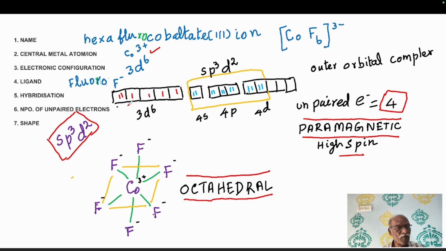And the electronic configuration is the first orbital 2 electrons and the rest of the other 4 orbitals of the 3d shell have 1 electron each. This is how the 3d6 is distributed. Okay, ligand is fluoro, F minus. Then all the 6 F minus ligands, when they approach, because F minus is a weak field ligand, it can't do anything with the inner 3d shell.